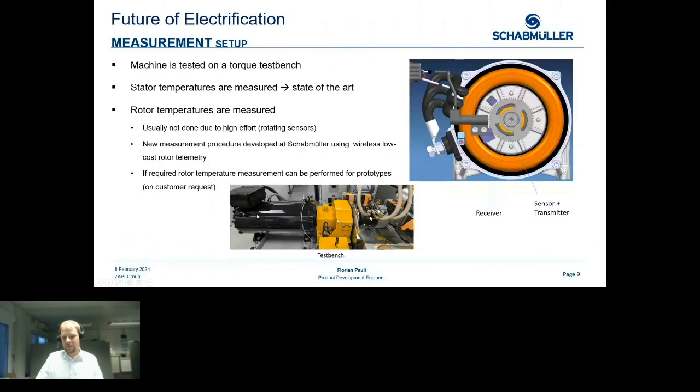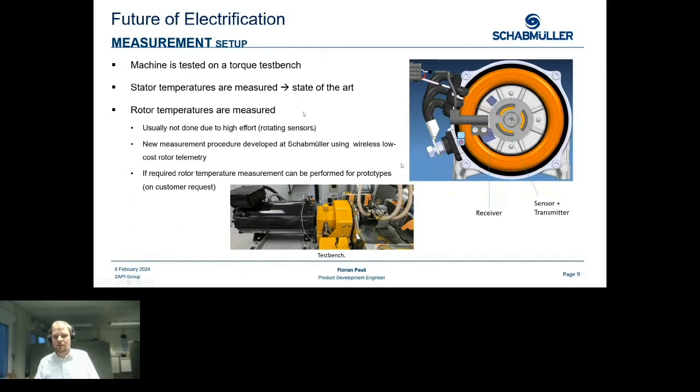The load machine provides a certain torque or requests a certain torque, and this is how we can characterize. If we then measure current, voltage, the torque, and the speed, we can more or less fully characterize the mechanical and electrical outputs or parameters of the machine.